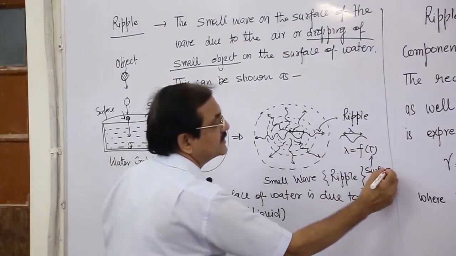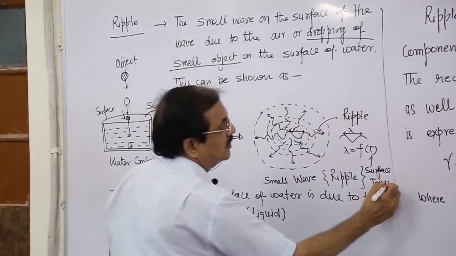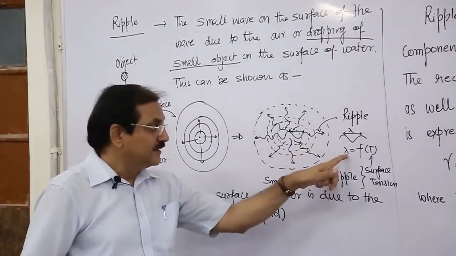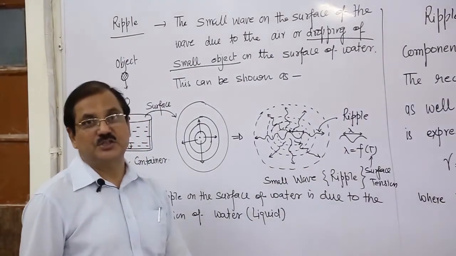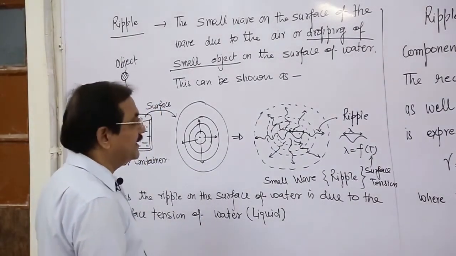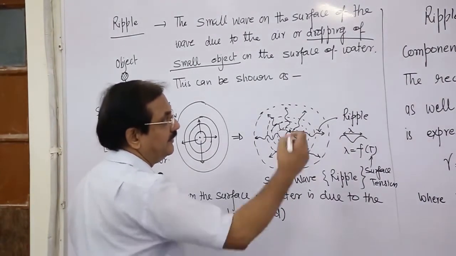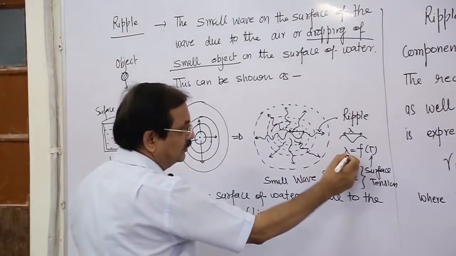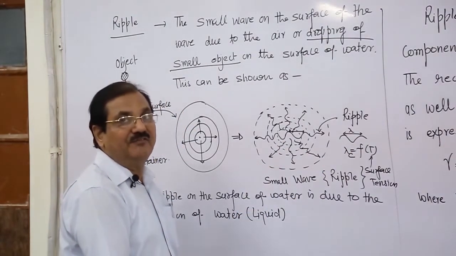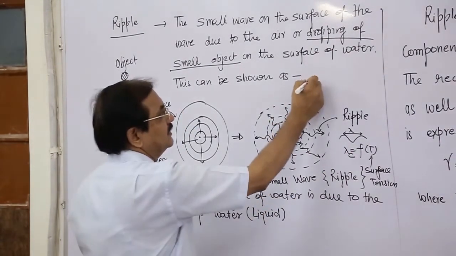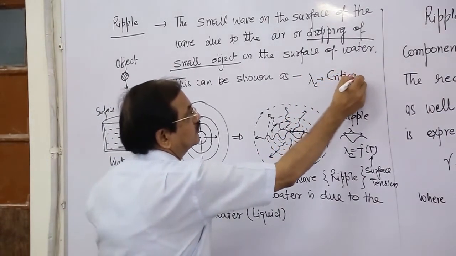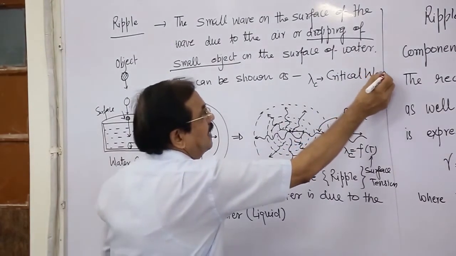So, the wavelength on the surface is a function of surface tension. So, we define another value that is called lambda c, the critical wavelength.